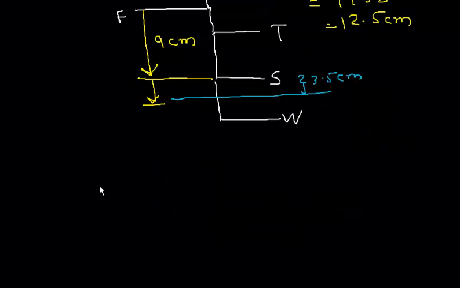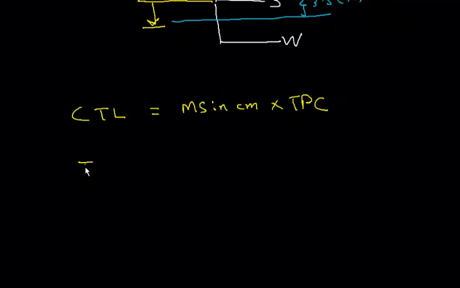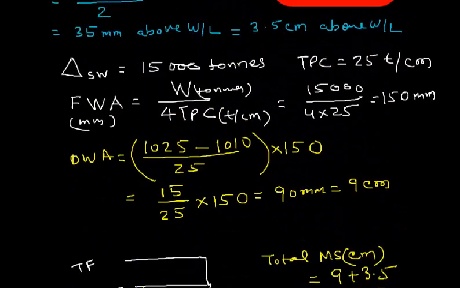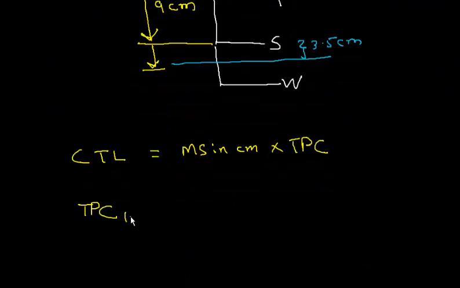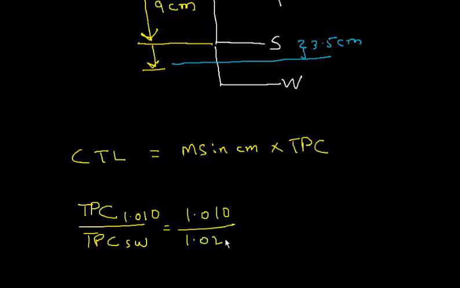Now it's very simple. Cargo to load, that is the deadweight available, is equal to mean sinkage in centimeter multiplied by TPC. However, you need to convert TPC. TPC depends on the draft, so the TPC depends on the density, and the density here is 1.010. So the TPC for 1.010 divided by TPC for salt water is equal to 1.010 divided by 1.025.